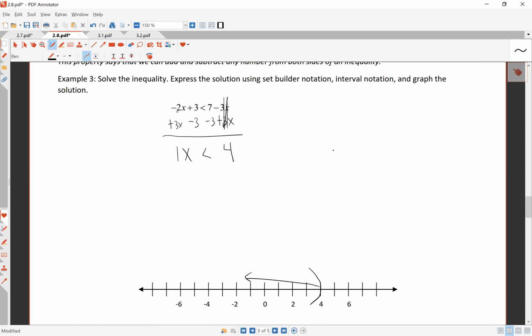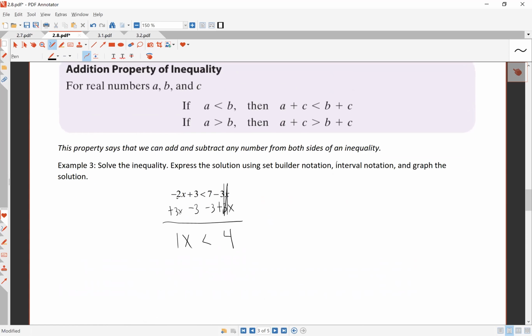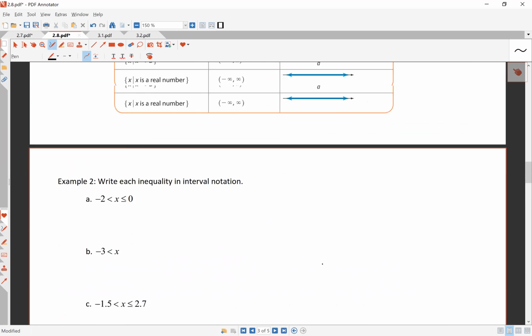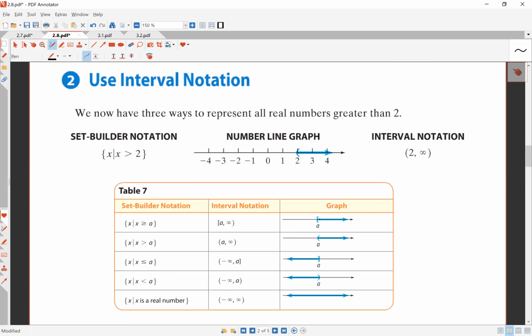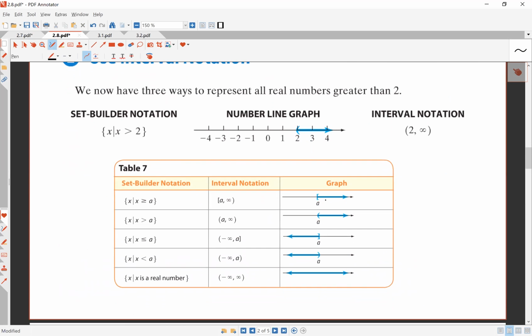Now, there's a little bit more to this, which is the set builder notation and interval notation. So I go back and I show you what interval notation means.